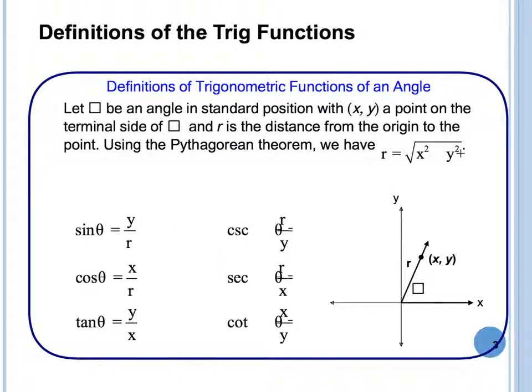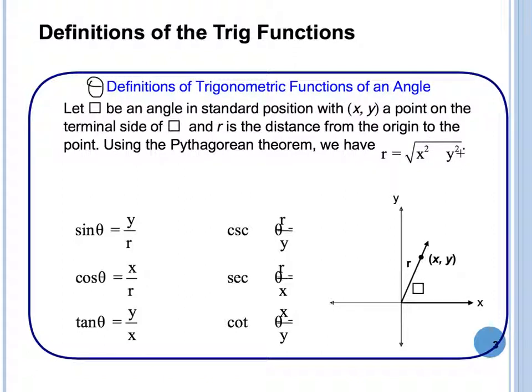Now we can expand upon this idea if we have our angle in what we call standard position. That just means it's starting on the x-axis and going up to some point. All of your paper, I think, uses theta as some angle.